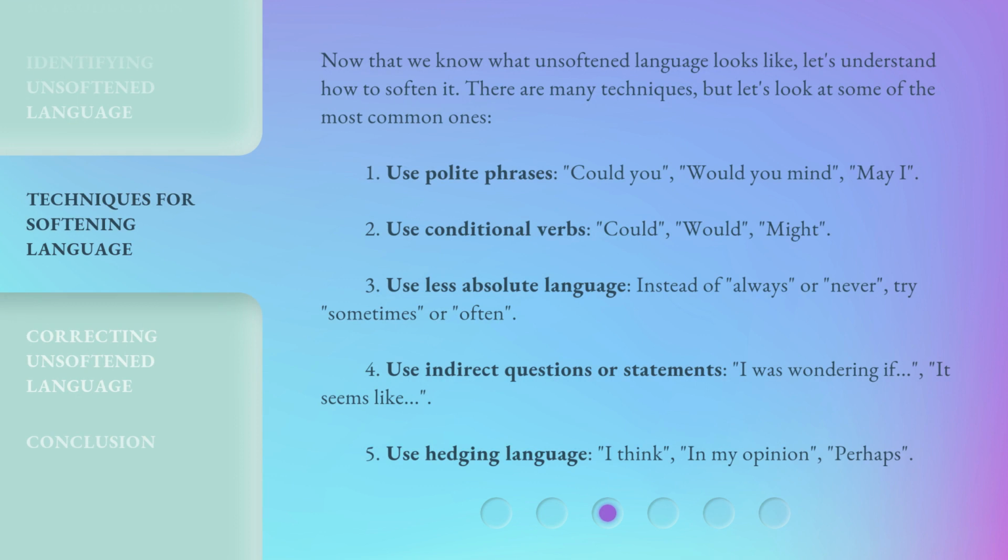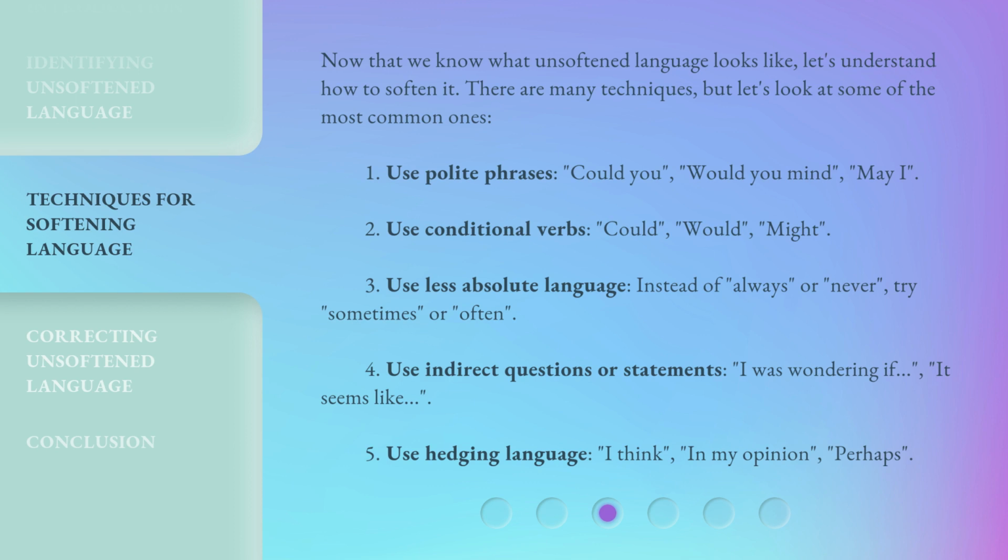Now that we know what unsoftened language looks like, let's understand how to soften it. There are many techniques, but let's look at some of the most common ones. 1. Use polite phrases. Could you? Would you mind? May I? 2. Use conditional verbs. Could, would, might. 3.